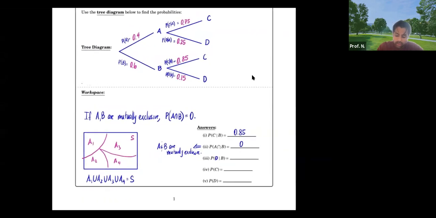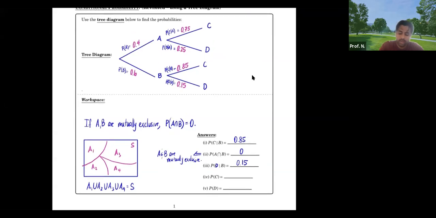Okay, so then what's the probability of D happening given that B happens? Well, it's exactly what's drawn right here, 0.15. Now, what's the probability of C occurring? If you notice, there are two branches that have the event C occurring. So how do we get the probability that C occurs?